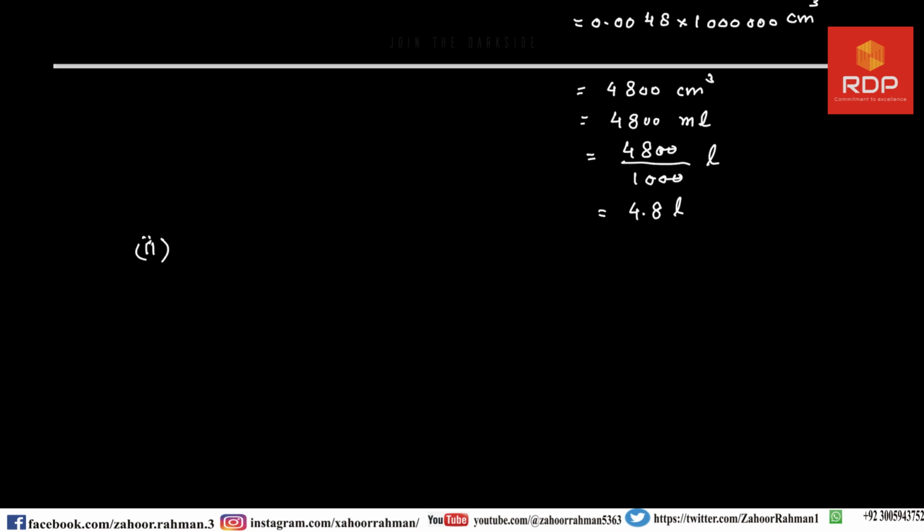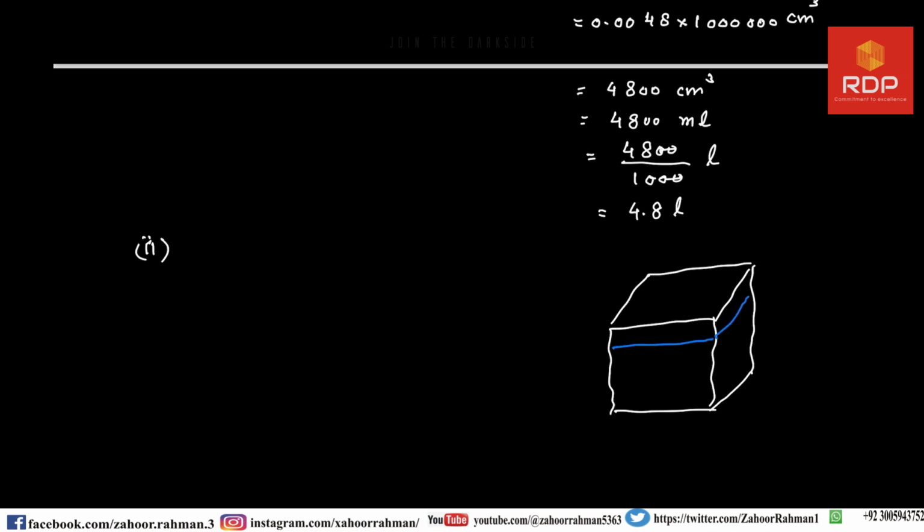Now the second part is saying the surface area of the tank that is in contact with the water. Yes, we have to find, for example, this is the water tank, and we found the volume of the water, and for example it is this much.